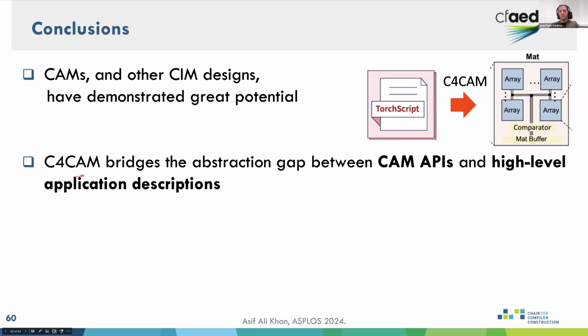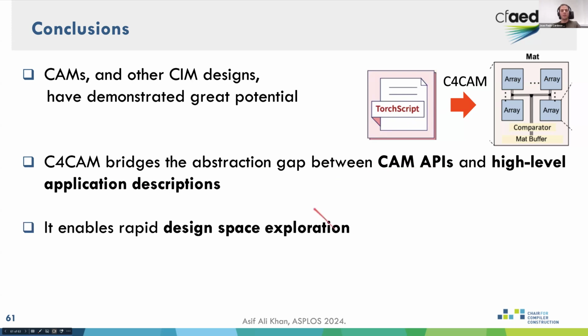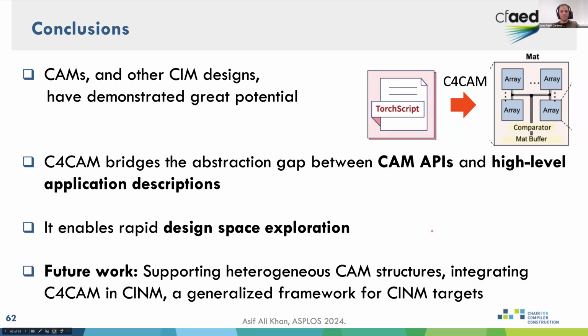It bridges the gap between what you can support in the hardware, which are device APIs, and high-level application descriptions. And it also enables rapid design exploration through power and area constraints.